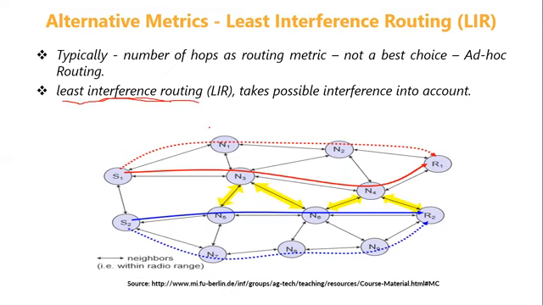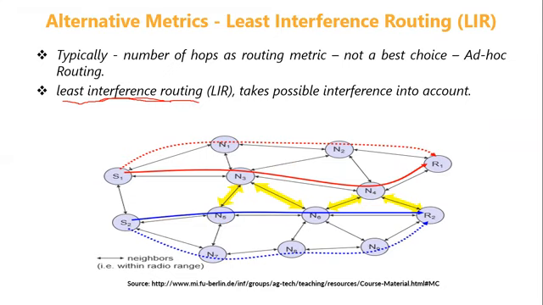Okay, so let us see how this algorithm works. This is the graph we are considering. These are the various nodes. We want to find a path from S1 to R1 and also S2 to R2, and that path should be a least interference path.